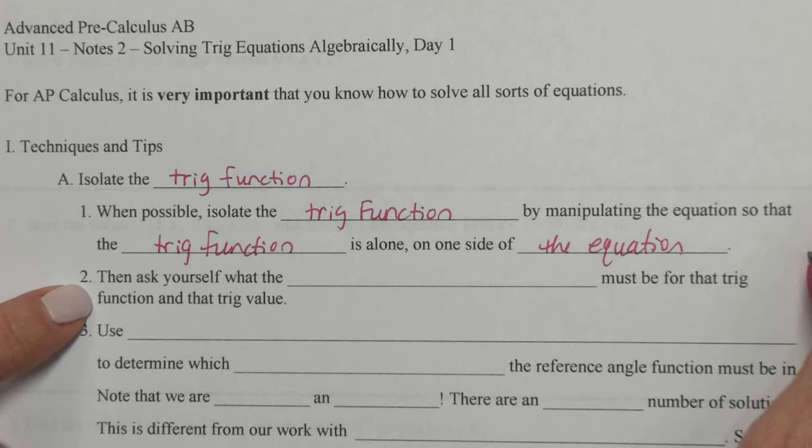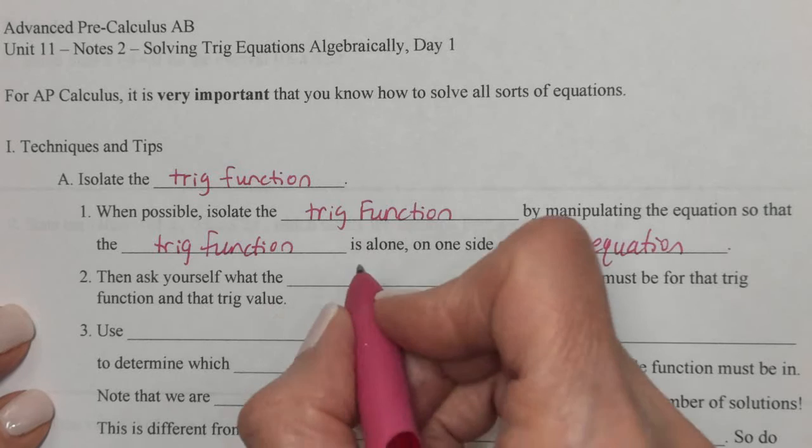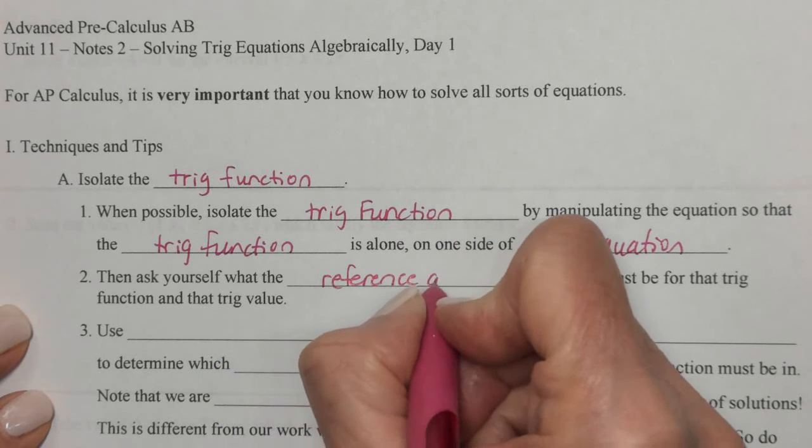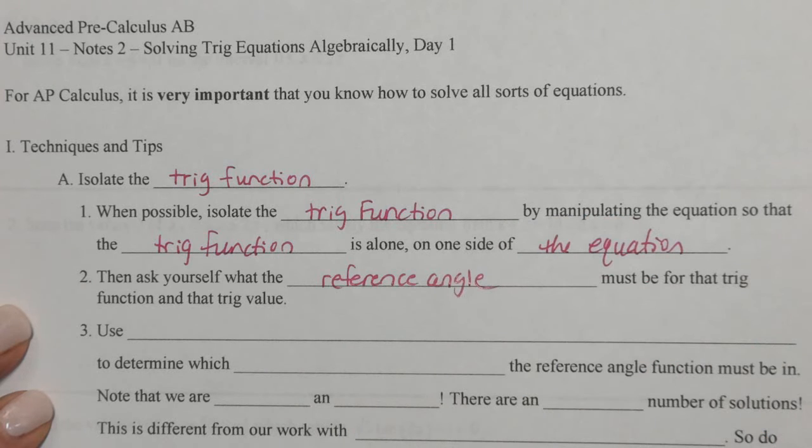Remember to keep the argument with the trig function. The trig function has to stick like glue to its argument. It cannot lose the argument. Then you ask yourself, what must be the reference angle for that trig function and that trig value?